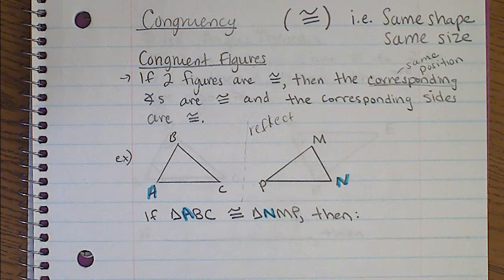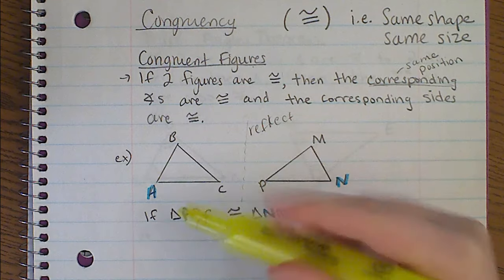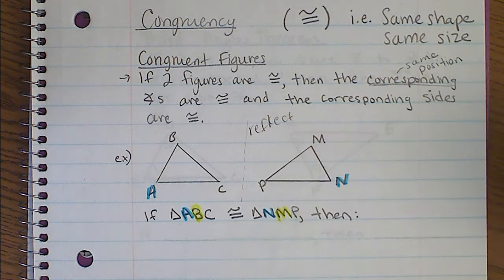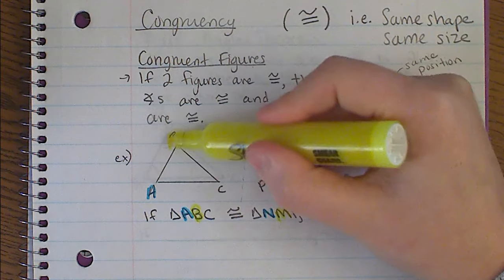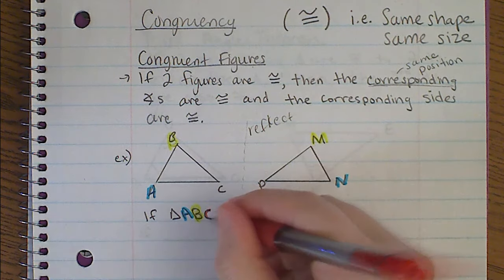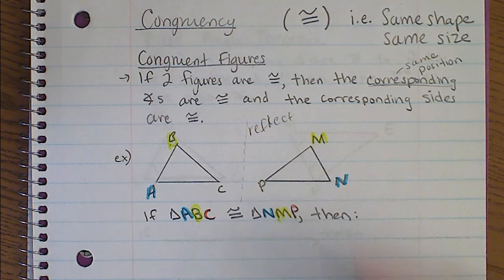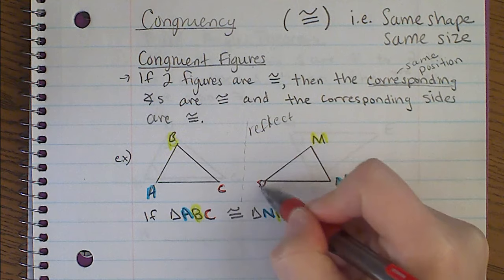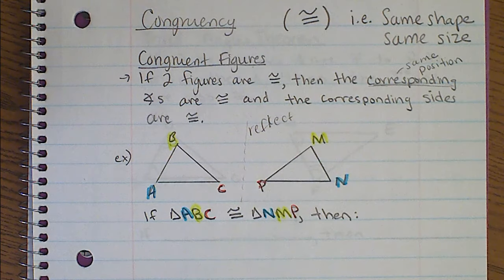And then I would go to the next set of letters. The next set of letters are B and M. So if I look at my picture, that means angle B has to be congruent to angle M. And then lastly, C and P are both last, which means angle C and angle P have to be congruent.